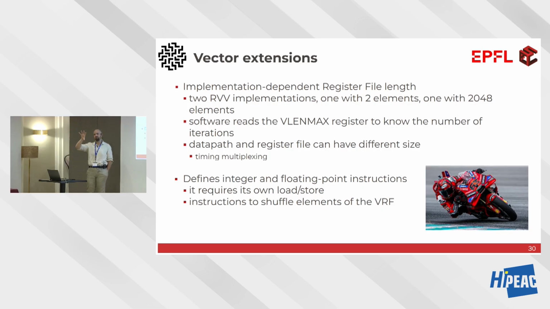A vector is something that is usually contiguous in memory. In this case, it's contiguous at least in the register file. Vector machines have another register file, usually wider, because it has to contain many elements. And how many? Implementation dependent.